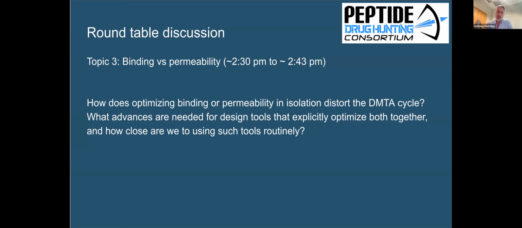It seems to me that one of the challenges we have in the permeability space is access to large data sets, experimental data sets that really speak to whether peptides are permeable or not. So the question in this regard is, does the panel have a favorite set of high throughput experimental approaches to probe, well, not only permeability, but also solubility?